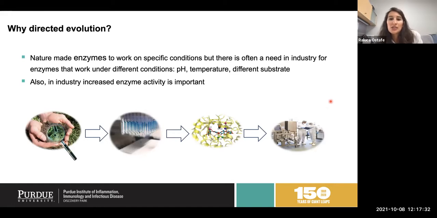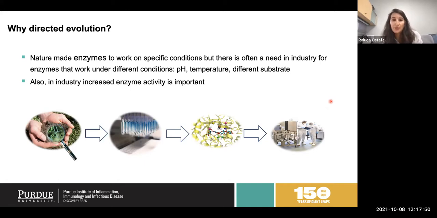In some cases, there is also a need for a different substrate specificity compared to the natural enzyme that you found in nature. So in all these cases, you can use directed evolution to change the property of the wild type version of the enzymes that you found in nature so that you can fit it to the application that is needed.